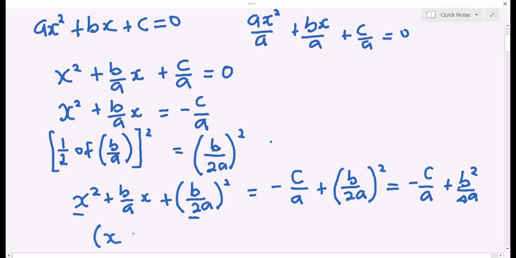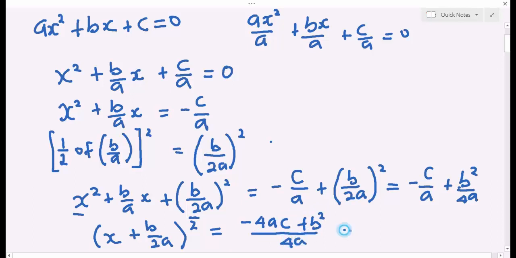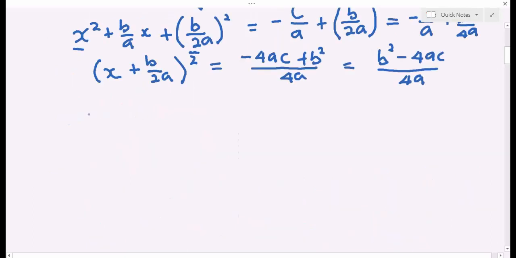We have x plus b over 2a squared. This is the same thing as x squared plus b over a x plus b over 2a all squared. So this is equal to, working on the LCM, minus 4ac plus b squared over 4a. This we can rewrite as b squared minus 4ac over 4a.